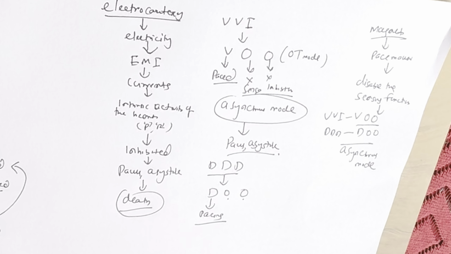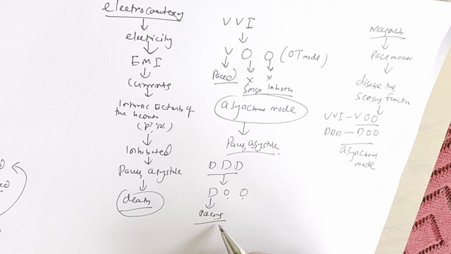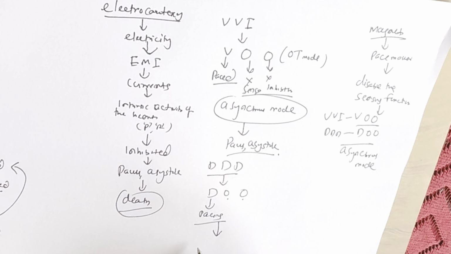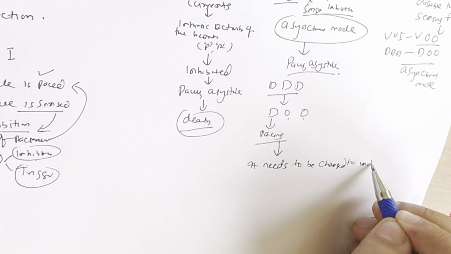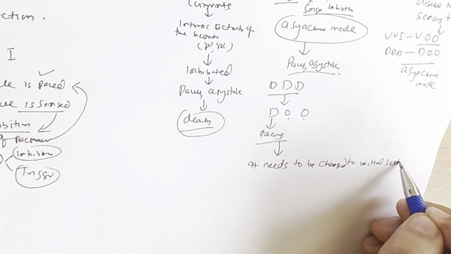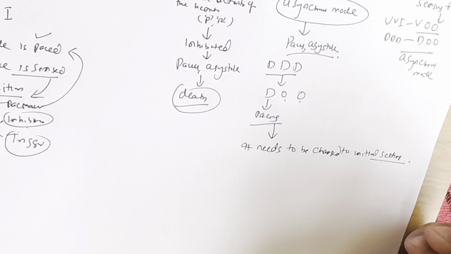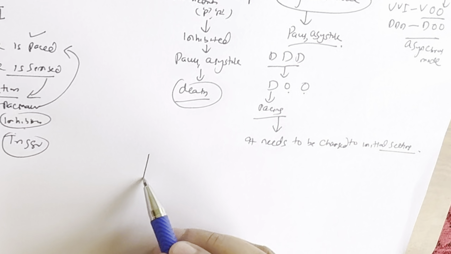But these things are temporary. Once the patient comes from the OT, it needs to be changed to the initial setting. Otherwise, there will be catastrophe. How? Let us discuss.